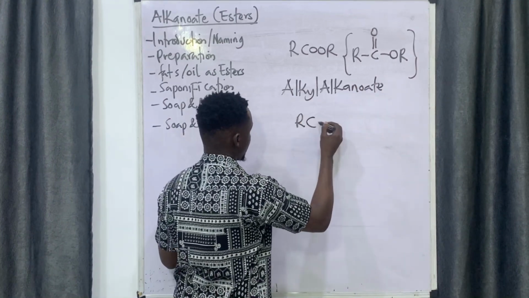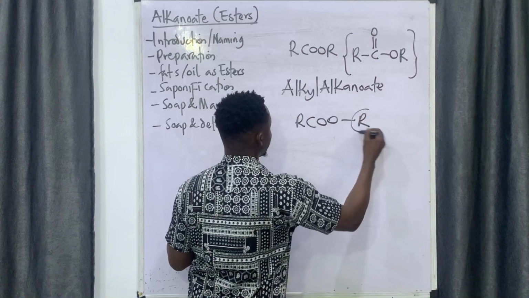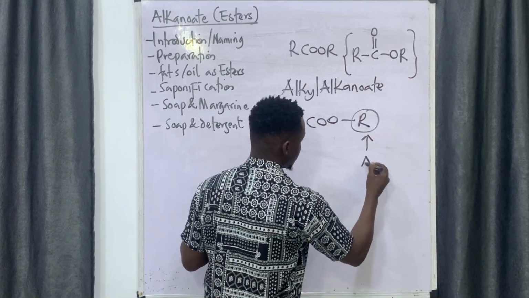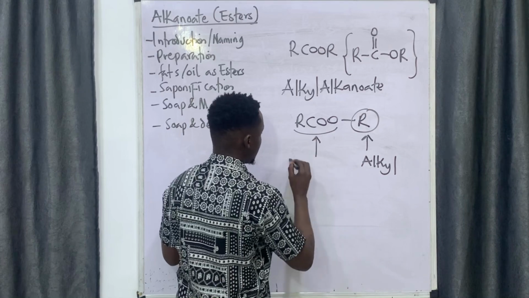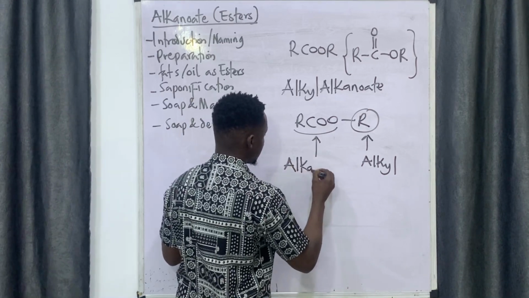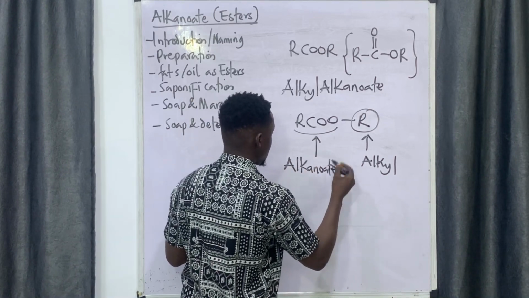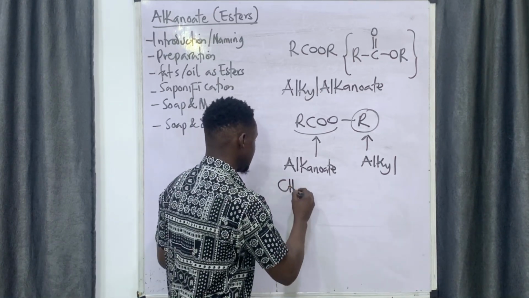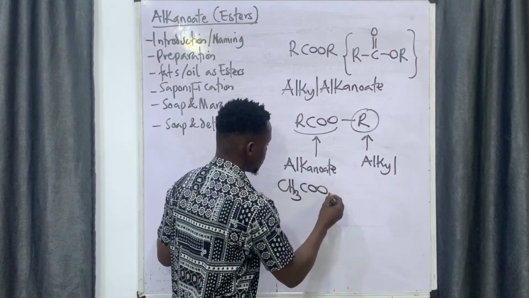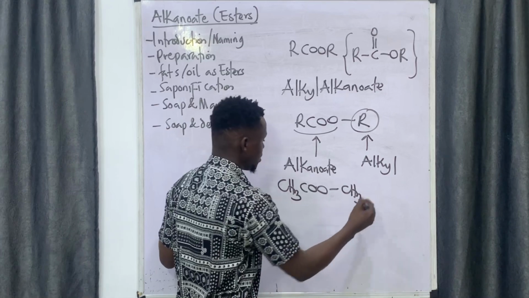Now this part is the alkyl, and this part is the alkanoate. So if I have an example, I have something like this: CH3, COO, CH3.